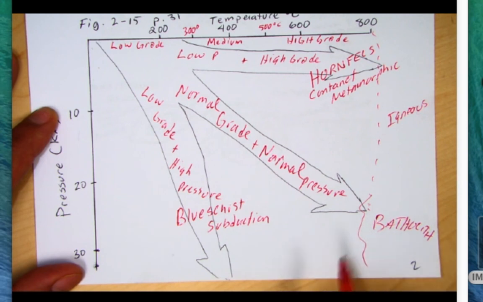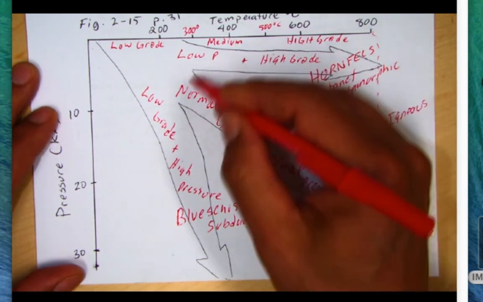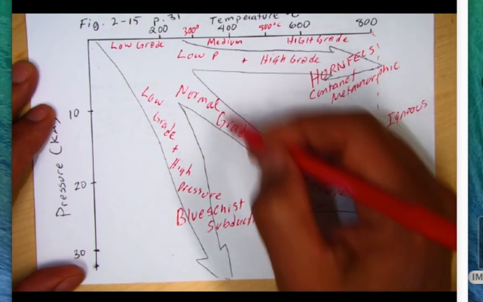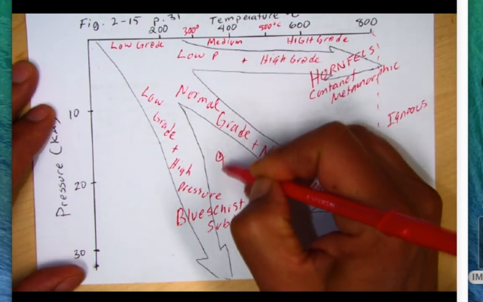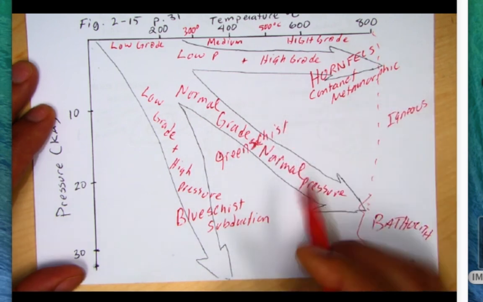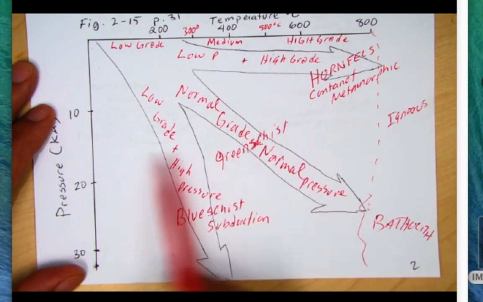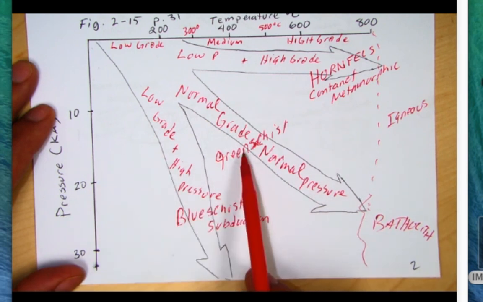Now, there's a couple of fields in here. One of the ones I want you to know is a field called greenschist. So right kind of in the medium pressure, medium temperature, we're going to have a field here called greenschist. And the greenschist metamorphism occurs at about medium grade, medium temperatures, and about moderate 10 to 20 kilometer depths.